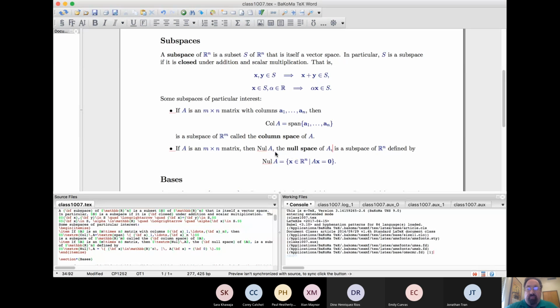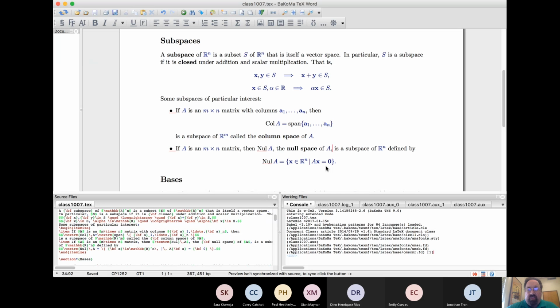It's just whatever vectors you multiply by A on the left, so matrix A is on the left, the vectors on the right, and get the zero vector. In other words, another way of putting it is it's all solutions of the system AX equals 0.